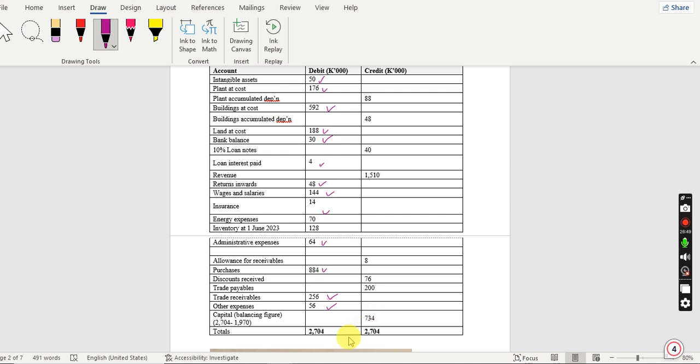So even the credit side has to be 2704, and we need to calculate the capital balance.